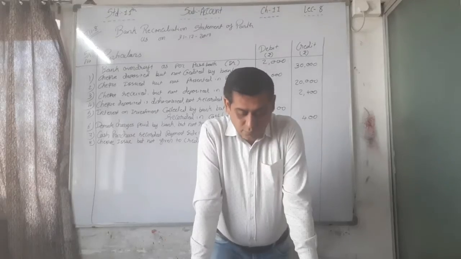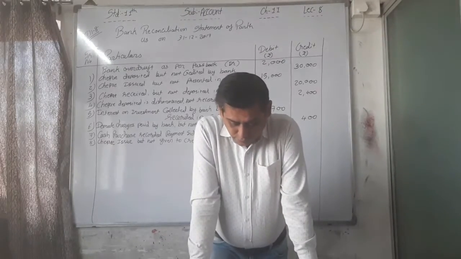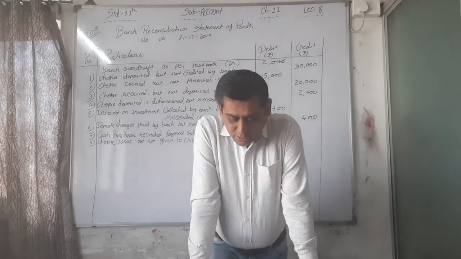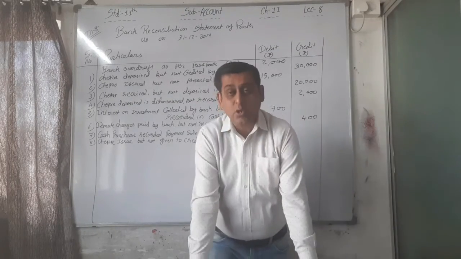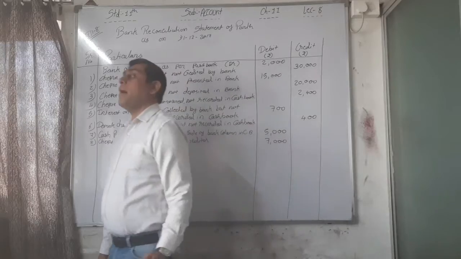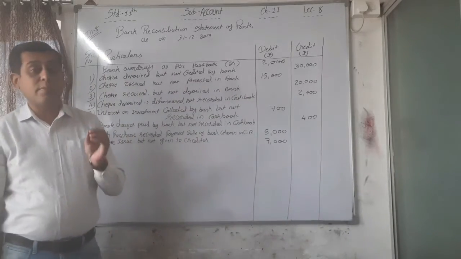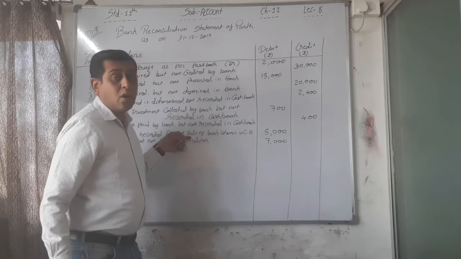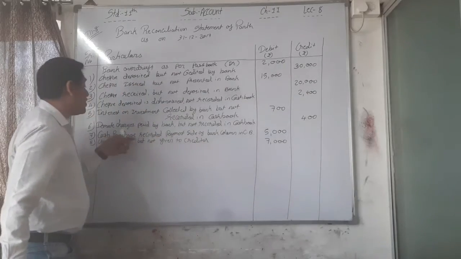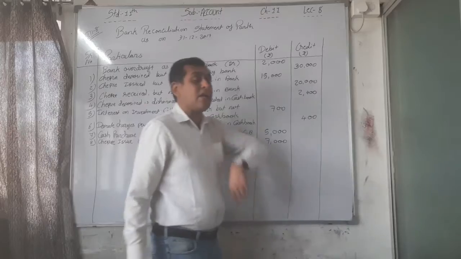Ninth point, check issued by Parth out of his personal account which is debited by the bank in the accounts of the business, 8100. By mistake, the bank... here what is the mistake done by the bank? In the previous case, the mistake was done by the owner or trader. That is, cash purchase was recorded in the bank column of the cash book.